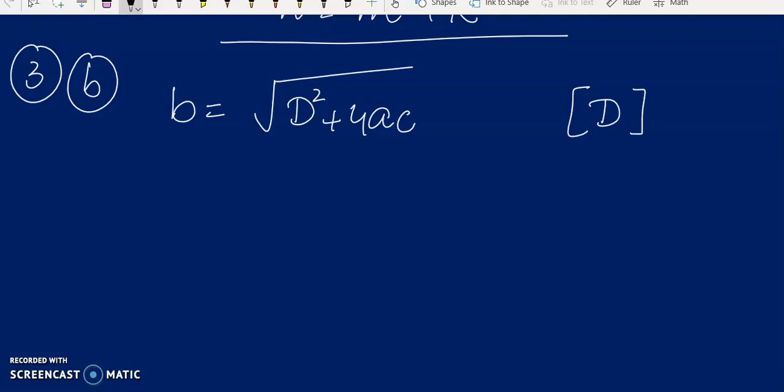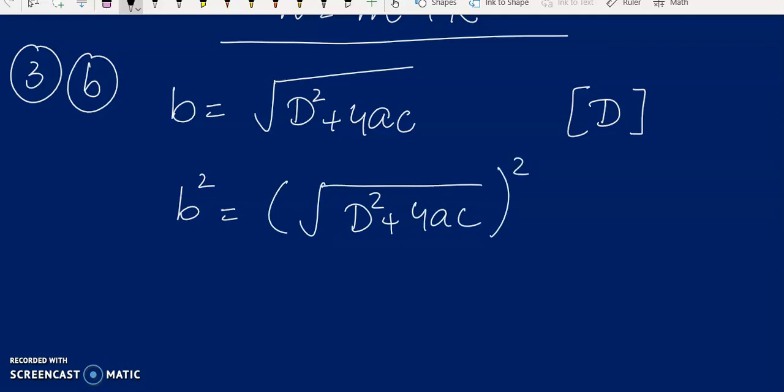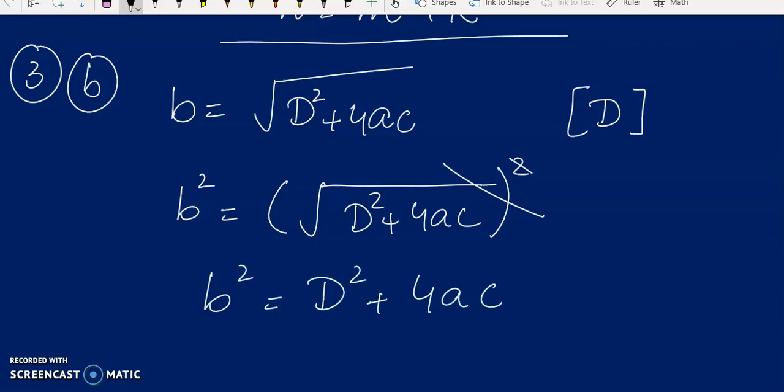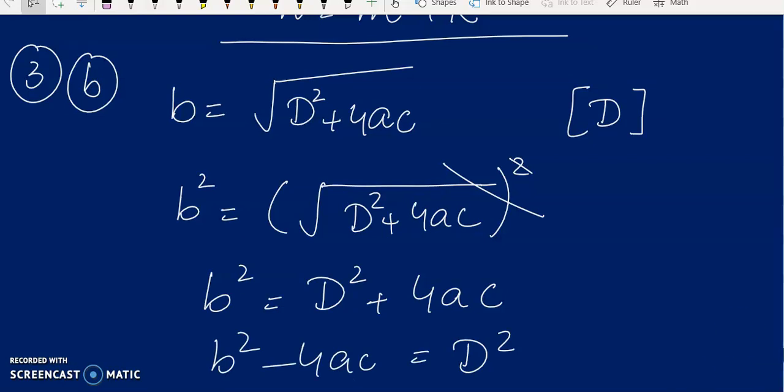So what we will do over here, because there is a square root, so on both sides we take a square. So the square root is cancelled out with the square and we get d square plus 4ac. Now this 4ac goes to the other side and is subtracted.